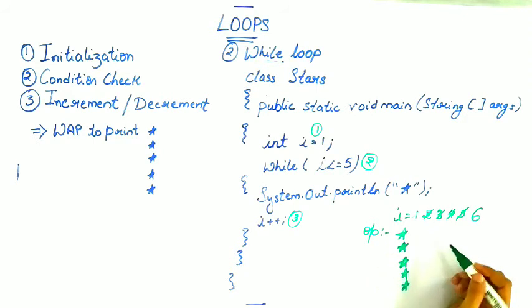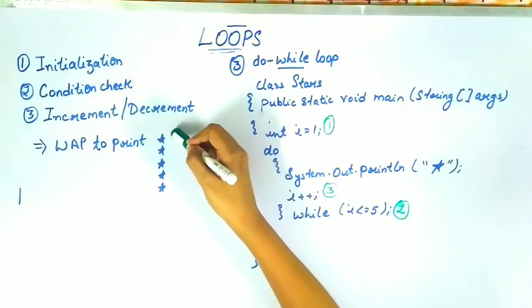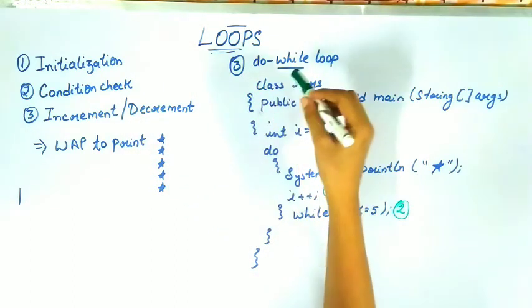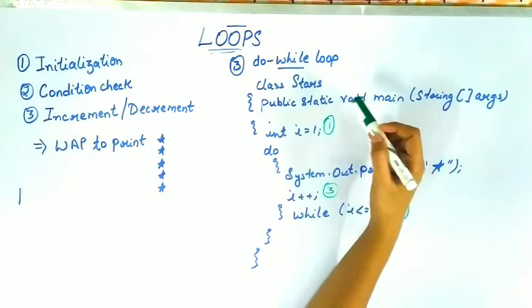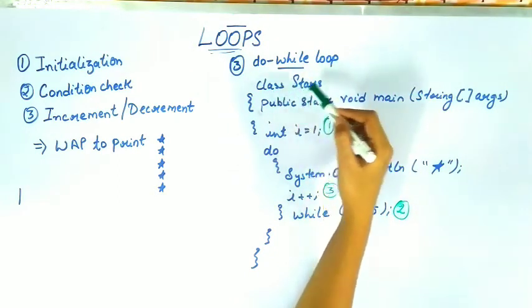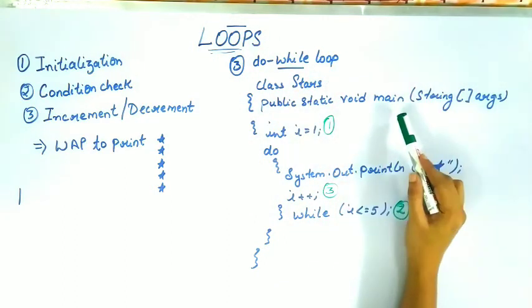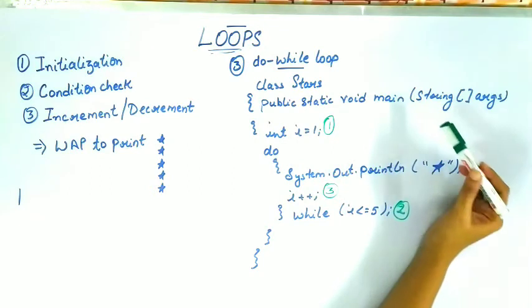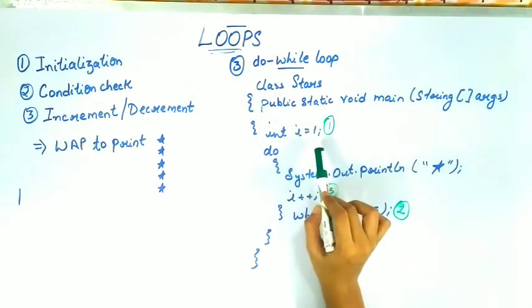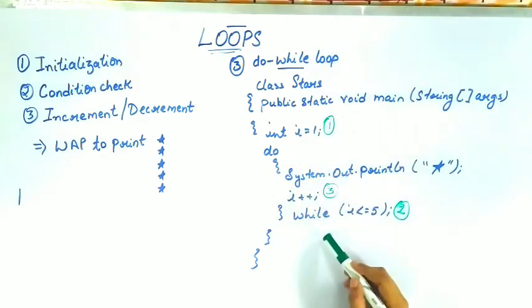Now, we will write the program of printing the 5 stars in a row using do while loop. The program goes like, first we will create a class named stars and call the main function. Inside this main function, we will first initialize our iterable. This is how do while loop is written.